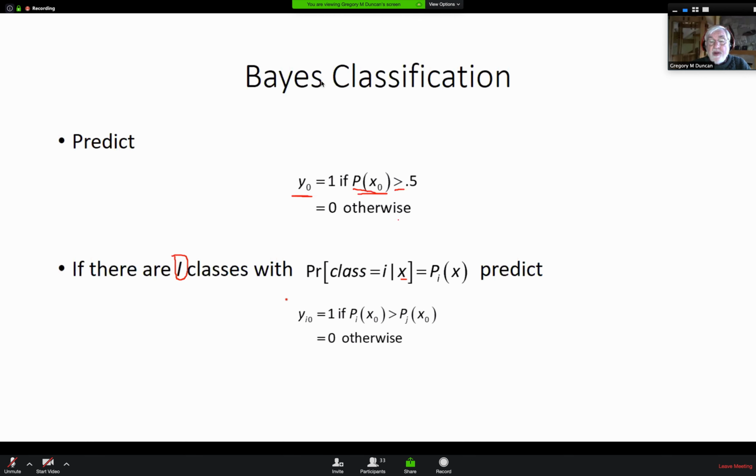And now what I'm going to do is say that y_i is predicted as i if its probability is greater than all the others. So this should be all other j's. I'll just write j not equal to i.